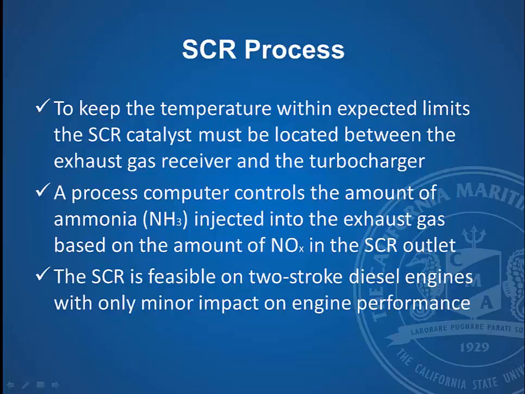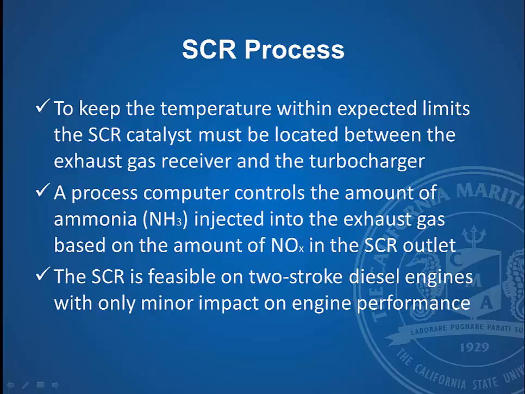So to keep the temperature within expected limits, the SCR catalyst must be located between the exhaust gas receiver and the turbocharger. The turbocharger is going to pull out too much heat. Today's turbochargers pull out a lot of heat and would reduce that exhaust gas temperature below what is feasible for use on this SCR.